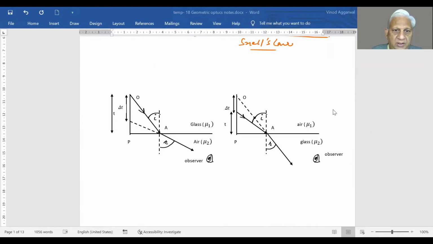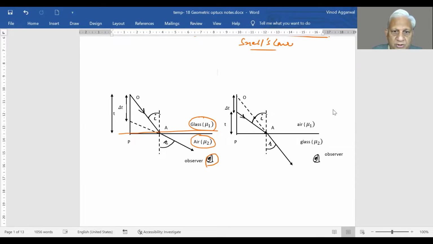Here we have an interface of glass and water, and we are going to see through air, sorry, glass and air.